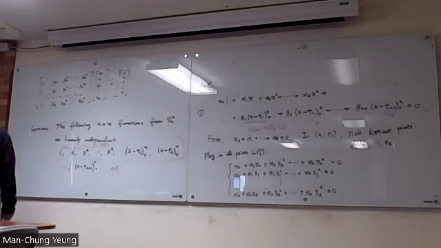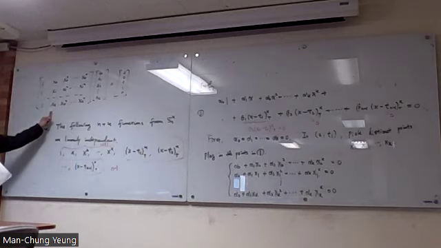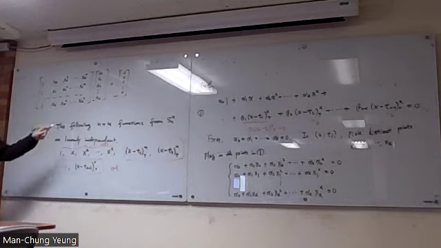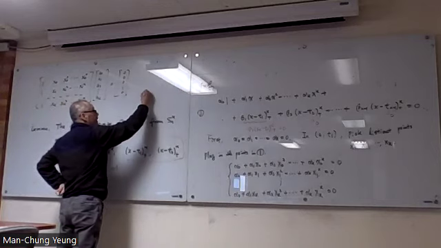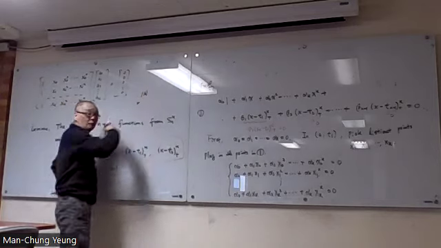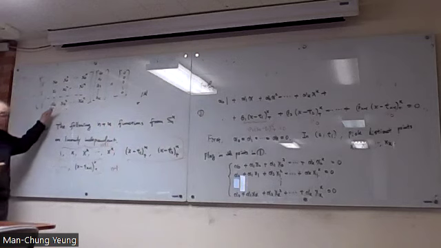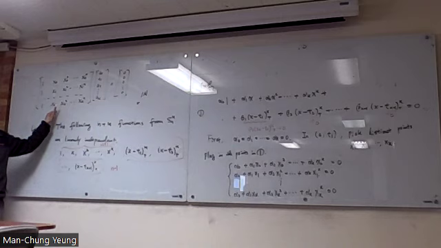This linear system has only one solution: 0, 0, 0. No other solution. Why? Because the coefficient matrix is non-singular. How to know the coefficient matrix is non-singular? Compute the determinant. How do people call this matrix? The Vandermonde matrix. Its determinant is well known.